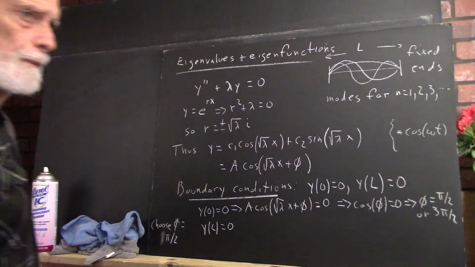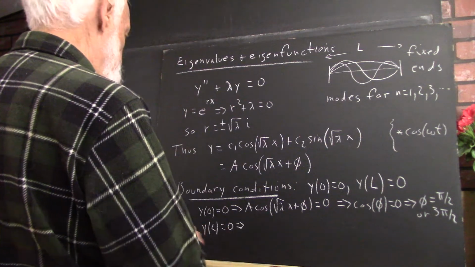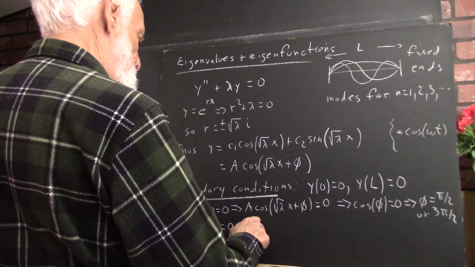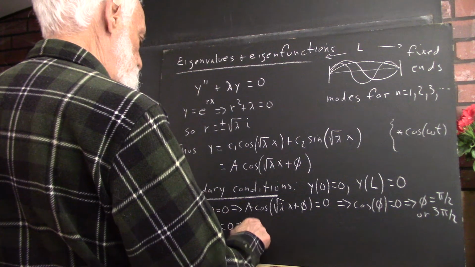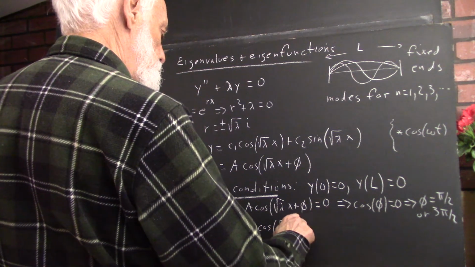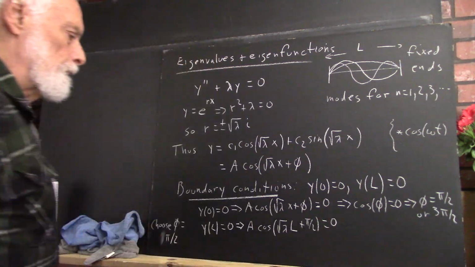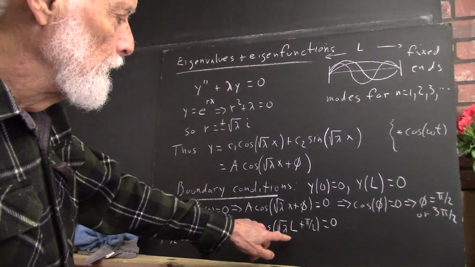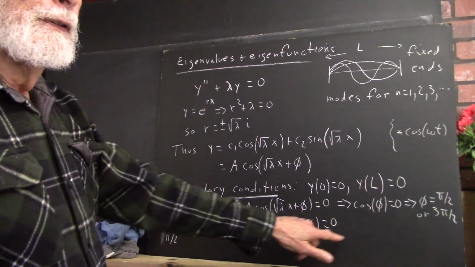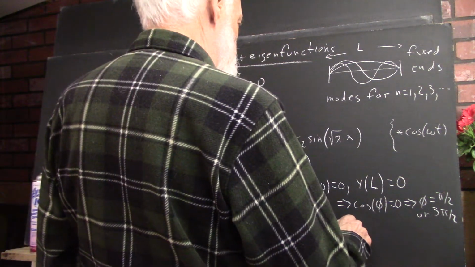Okay, so then y of L equals 0. What's that do? Well, that implies, knowing now that phi is going to be pi over 2, that y of L equals a cosine of square root of lambda L plus pi over 2 equals 0, which implies what?